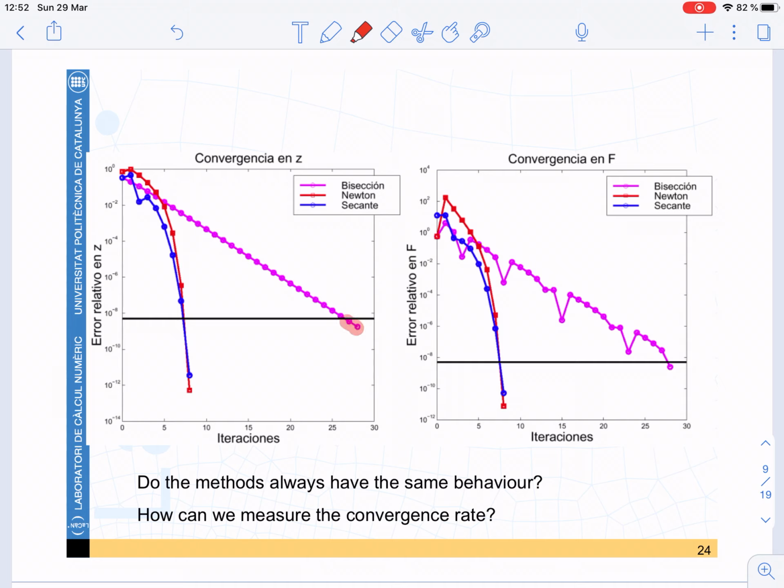Note how this linear convergence corresponds to the bisection method, whereas both Newton's method and the secant method have a much faster convergence. So in the analysis that is following, we want to understand why. Why does Newton's method converge so rapidly?